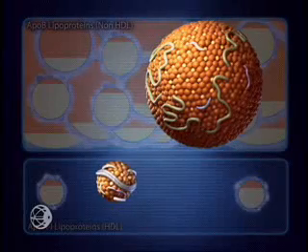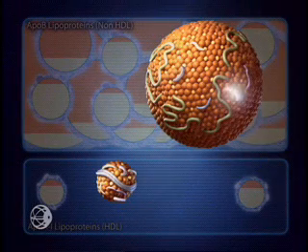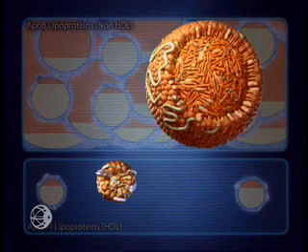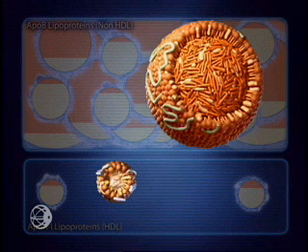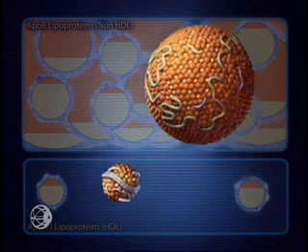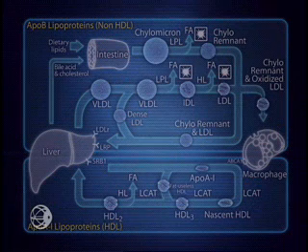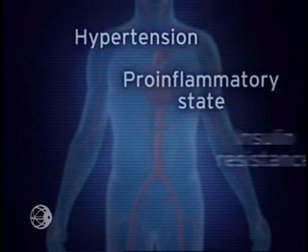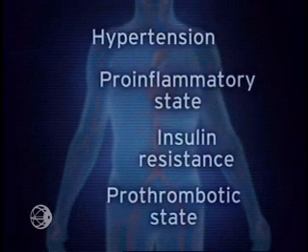Moreover, pathologic modification of apolipoproteins or the lipoprotein contents of both ApoB and ApoA1 particles can influence their metabolism and atherogenicity. Finally, the presence of additional cardiovascular risk factors can accelerate atherosclerosis.